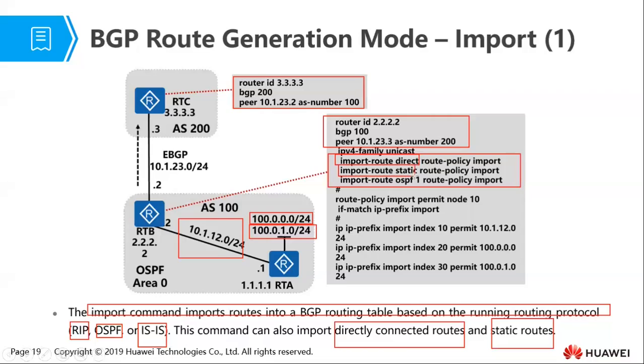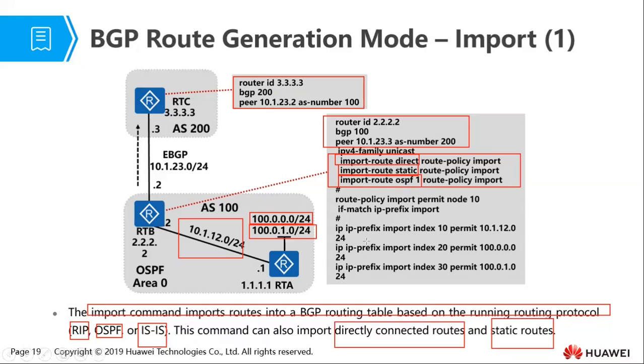Then import route static. This is how we import statically configured routes into BGP. Then import route OSPF 1. So we want to import routes that have been learned through OSPF process 1. So that's how we do it.